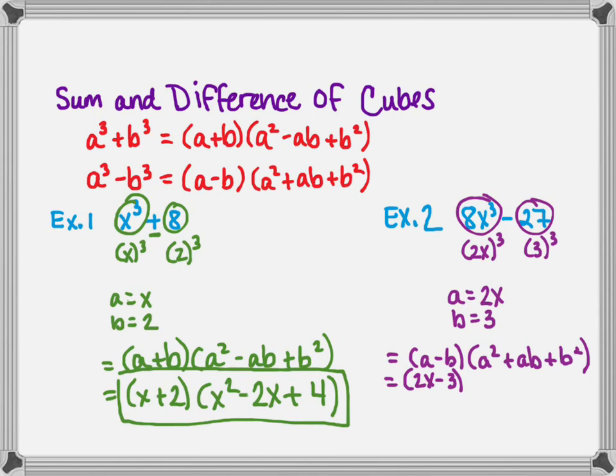And then for our quadratic factor, you'll have 2x squared plus a times b, 2x times 3, plus 3 squared. And we'll simplify that. So 2x minus 3 stays the same. 2x times 2x is 4x squared. 2x times 3 is 6x. 3 squared is 9. So our quadratic factor is 4x squared plus 6x plus 9.